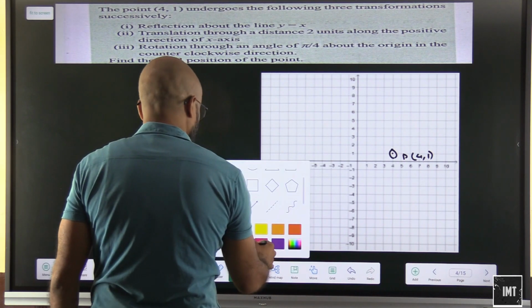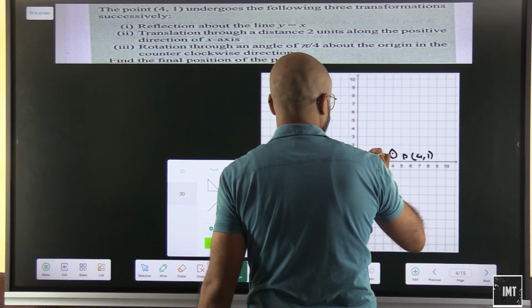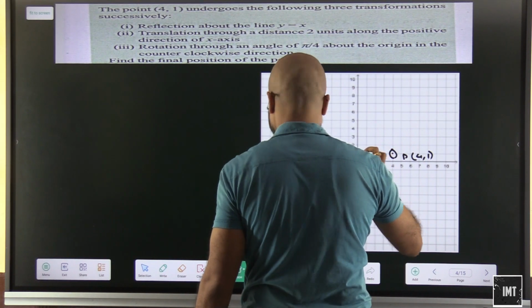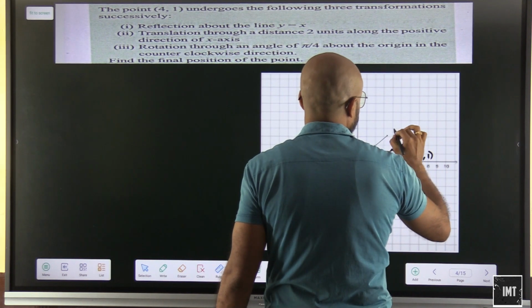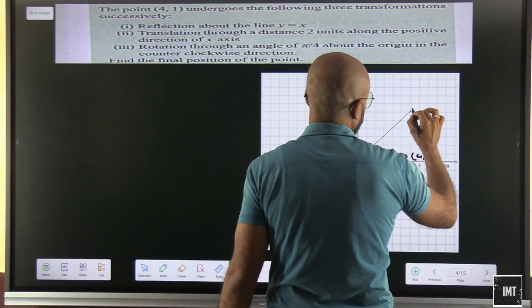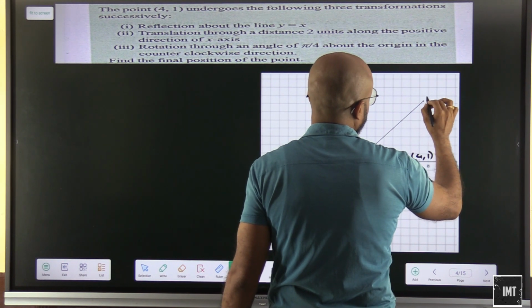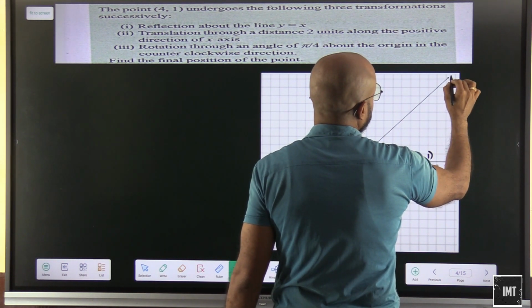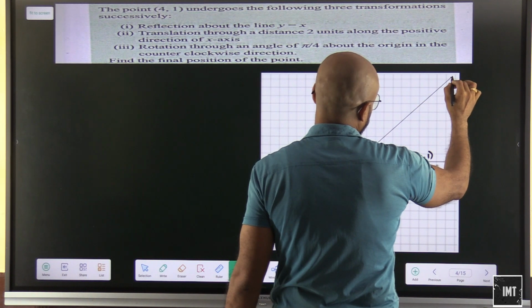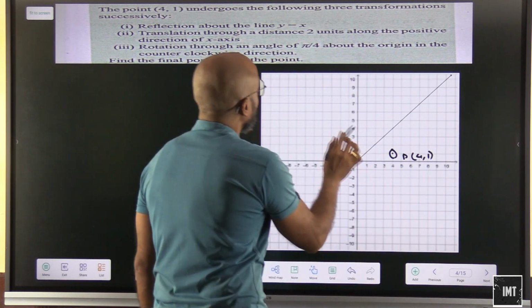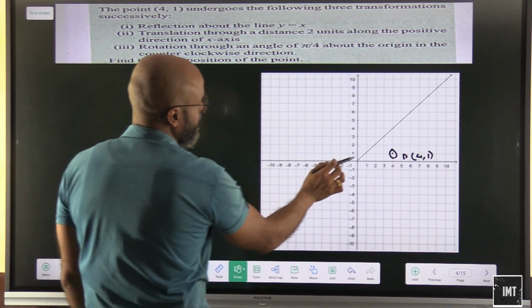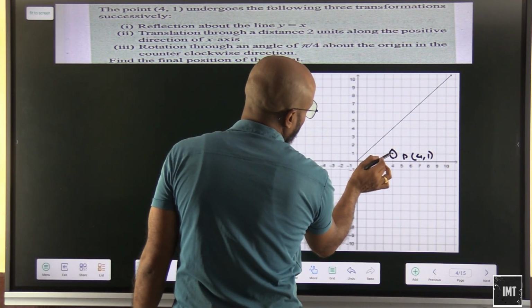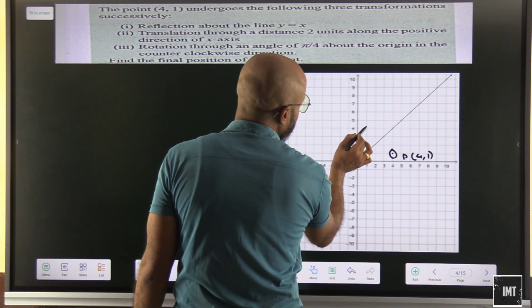Where will we find the line y equals x? Obviously, if I join 1, 1 and 2, 2, this will be the line y equals x, along this entire line. It is undergoing reflection about the line y equals x, which means that whatever distance it has here, it will have the same distance here as well.